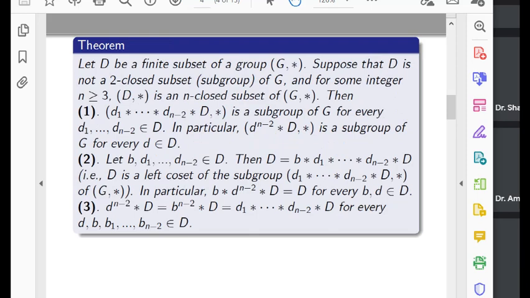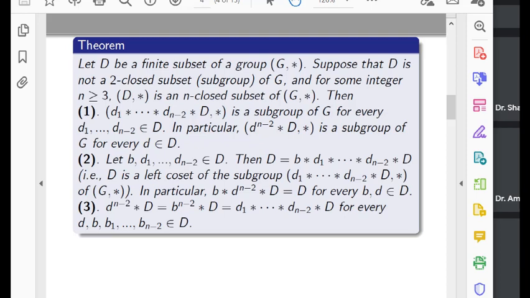Okay, here is some result. If you read this result, it's kind of interesting. If you let D be a finite subset of a group, and assume D is not 2 closed. Well, because all of us know if it's 2 closed, then it will be a subgroup.